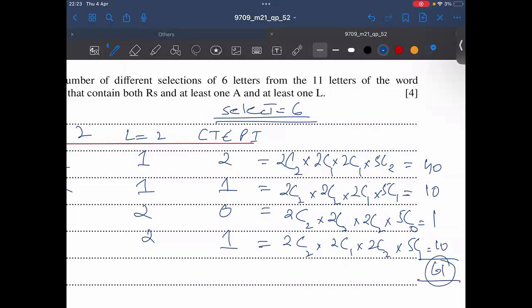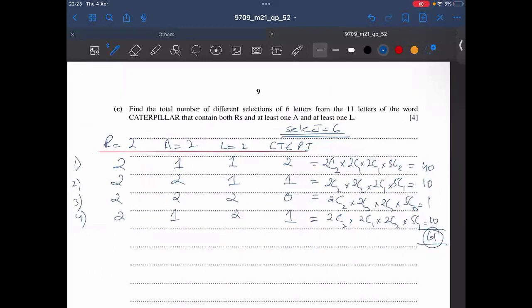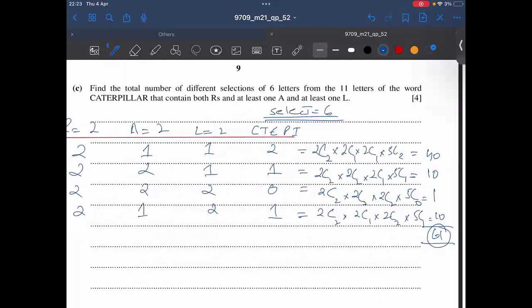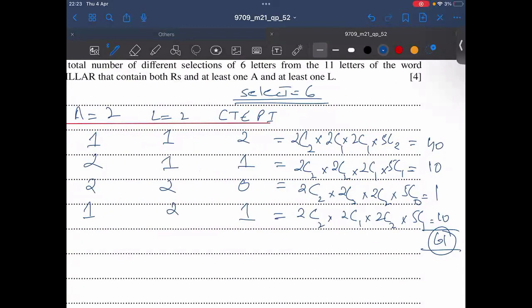That's what you are getting, Mr. Imad Ahmad? 21. 21, right? Yes, 21. This would actually be 20 or 10.